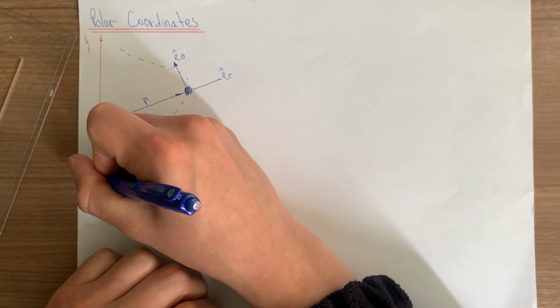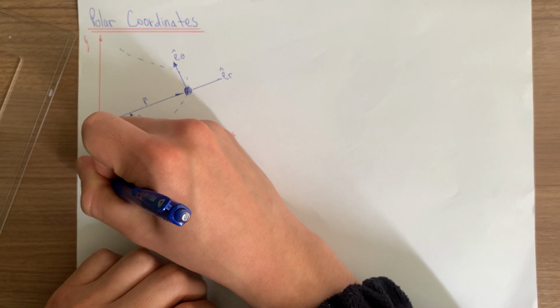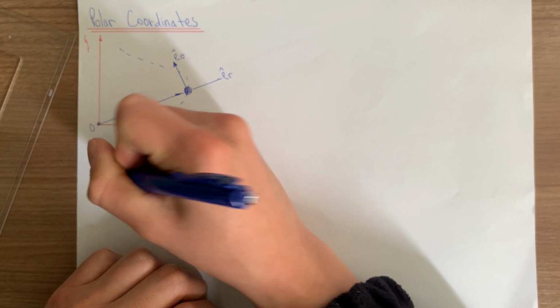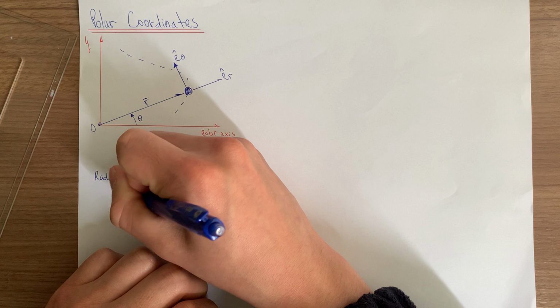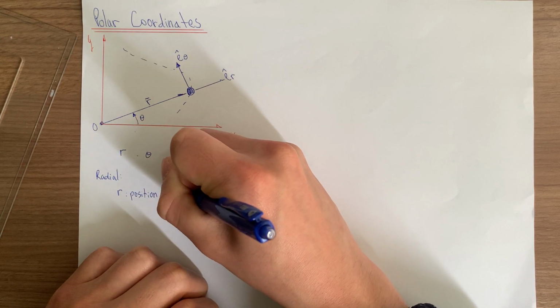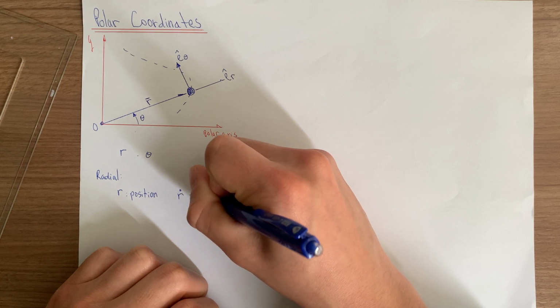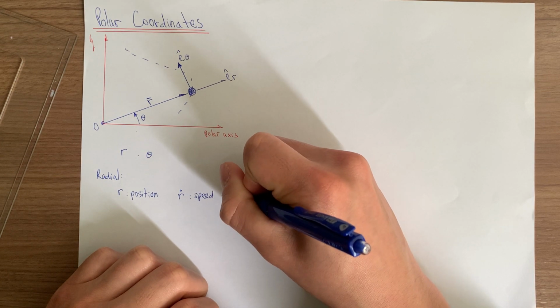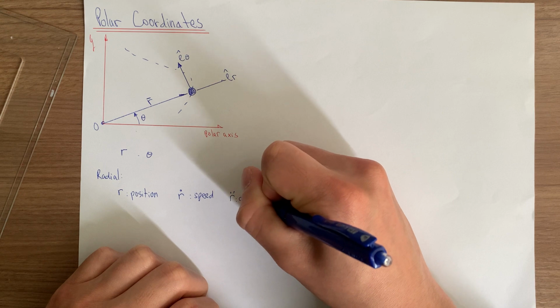In terms of radial, we're going to have radial position, radial speed, and radial acceleration.